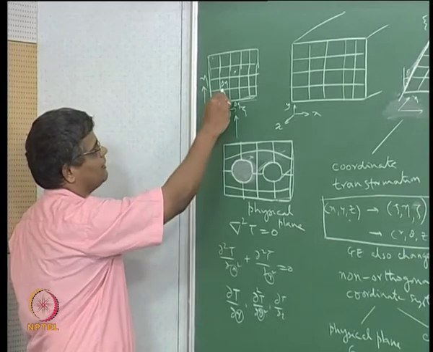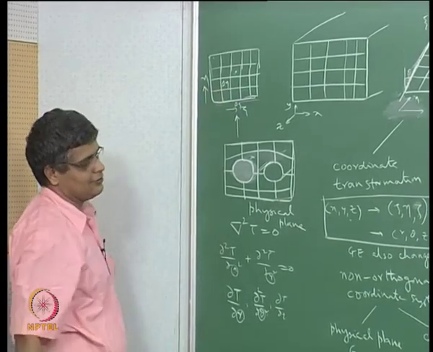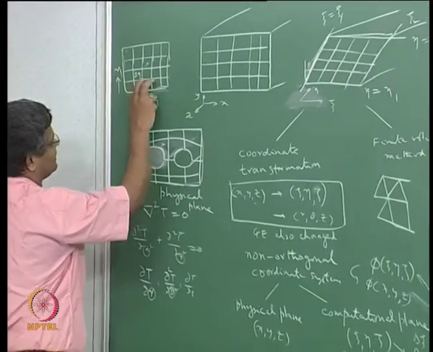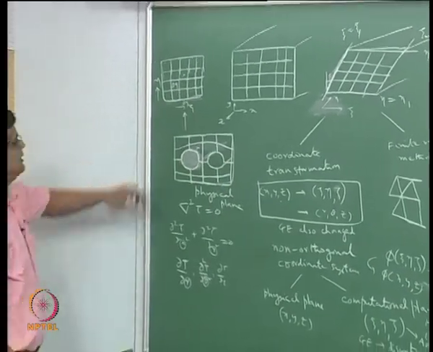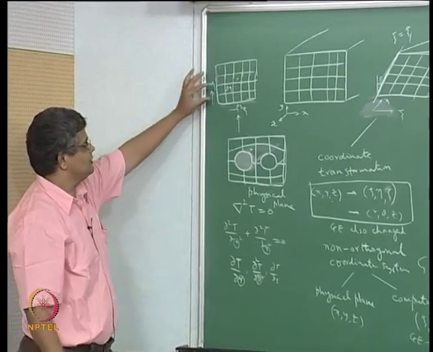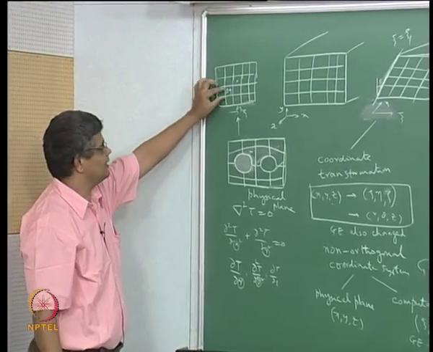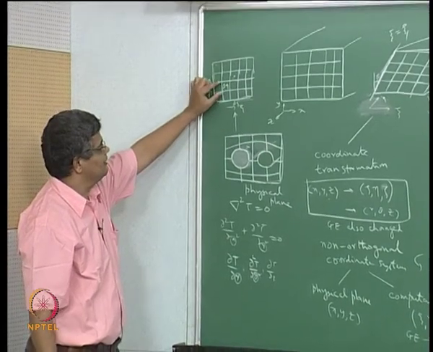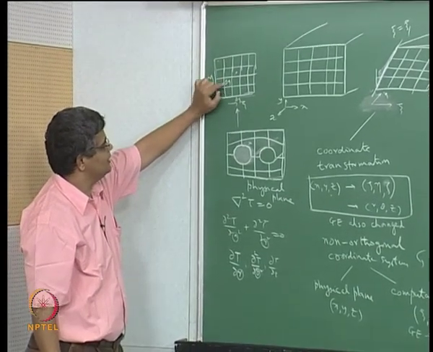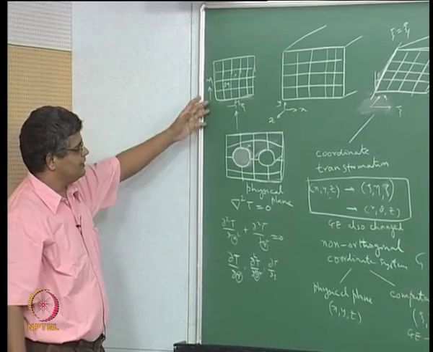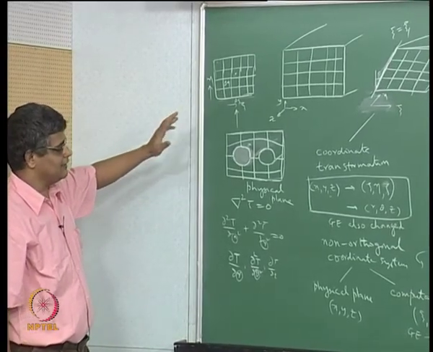But in the computational plane, for ease of discretization, these are lines of constant psi and constant eta, so that you have just a rectangular matrix with a rectangular domain with delta xi and delta eta. So this is the kind of relation that we are looking at.